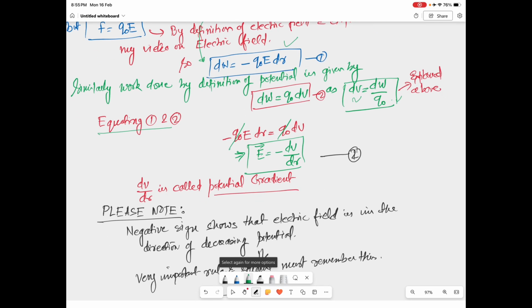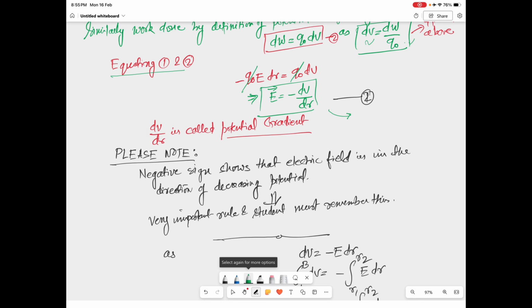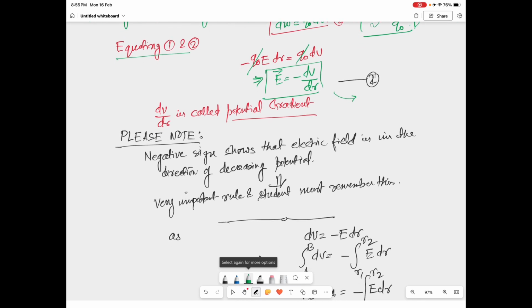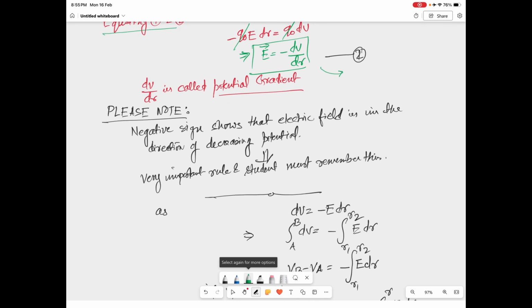So E is equal to minus dV by dr. This is one of the very important relations you must remember, because this relation will help us solve many problems related to continuous charges, and in capacitance where the electric field is variable. We will come to those applications and examples in more of our videos on this.